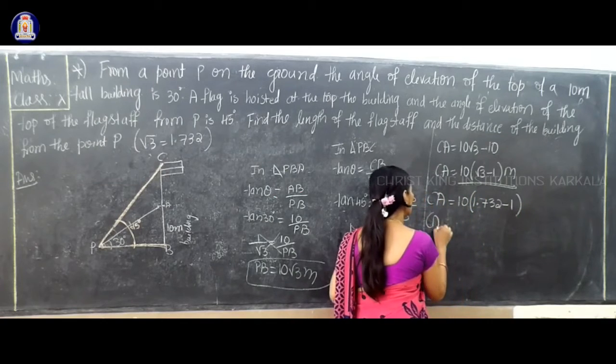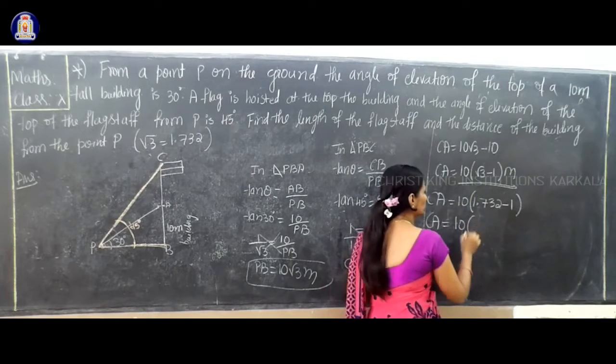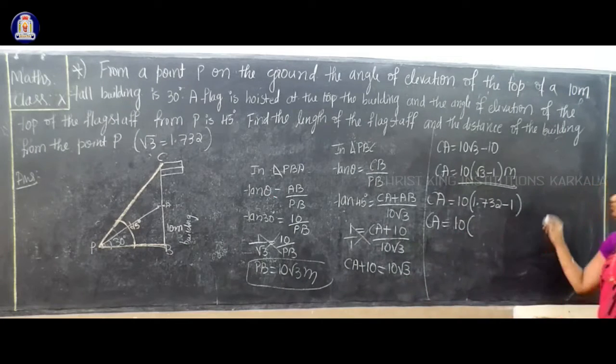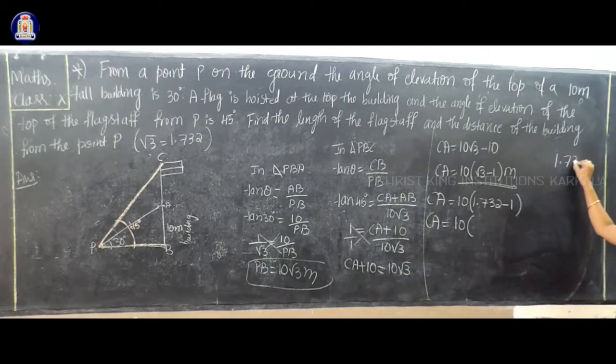Yes, what is your final answer? 10 into 1.732 minus 1. 1.732 minus 1 is 0.732.